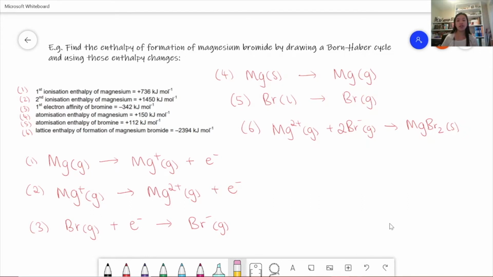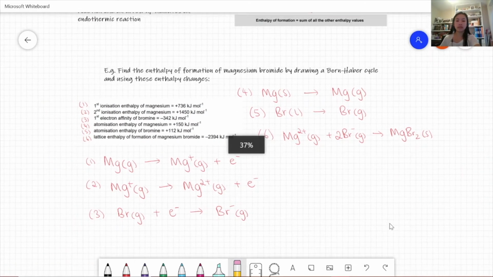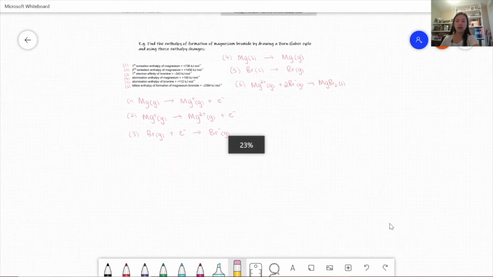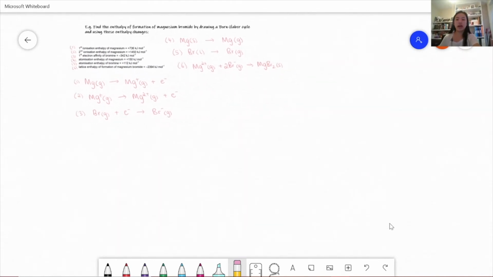So now we're going to construct the Born-Haber cycle. One thing to keep in mind is that you'll need quite a big space for this, so don't start off doing it really small. And so I'm just going to zoom out, and I'm going to write the numbers back on so I know what everything is.